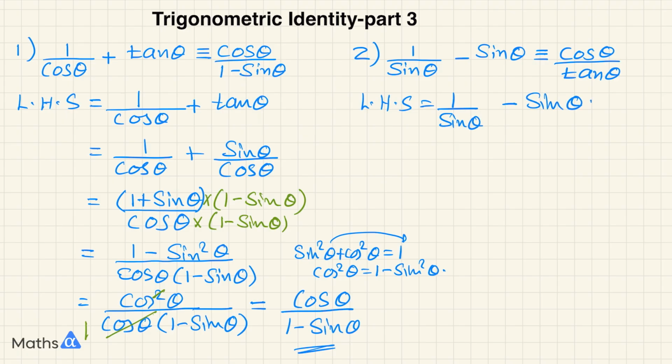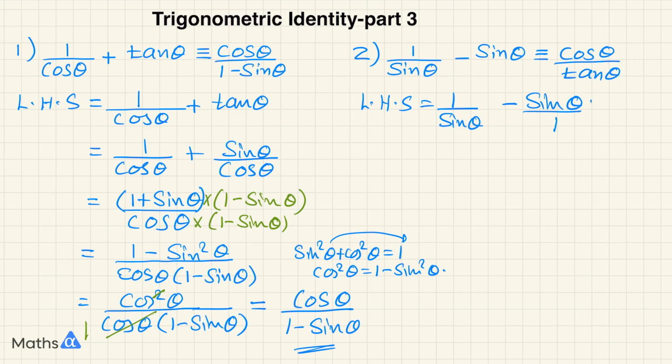We need to put this as a single fraction, because sin theta we can write as sin theta over 1 if you want. So we have to simplify these fractions to get a single fraction.